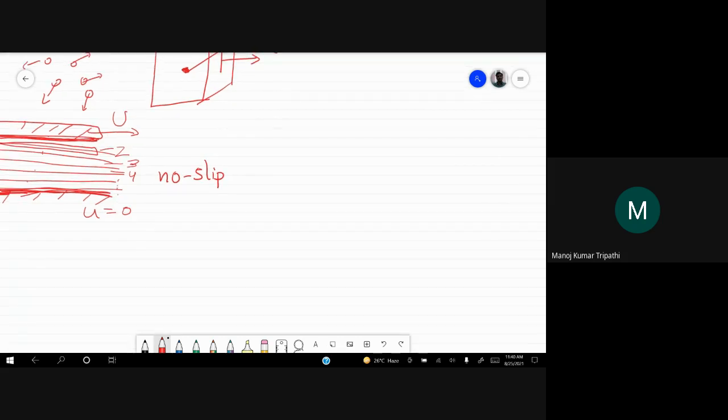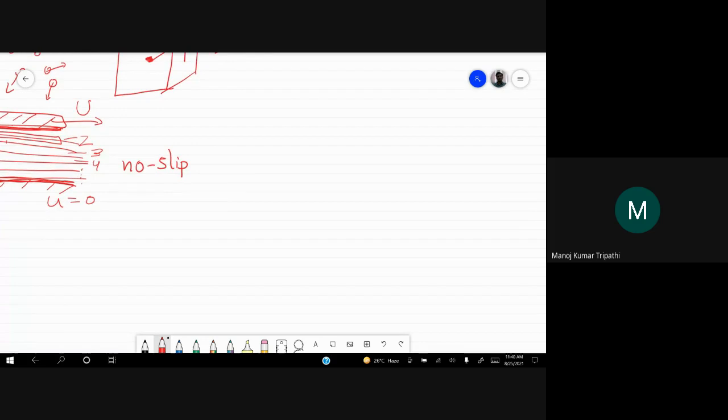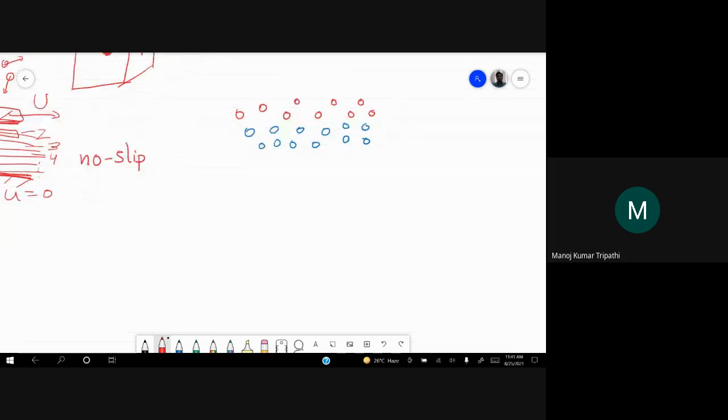So what is the molecular origin of viscosity? Let's say these are the molecules of the upper layer, and these are the molecules of the lower layer in blue. The upper layer molecules have an average velocity more than the molecules of the lower layer, right? Because the upper layer molecules are in contact with that solid.